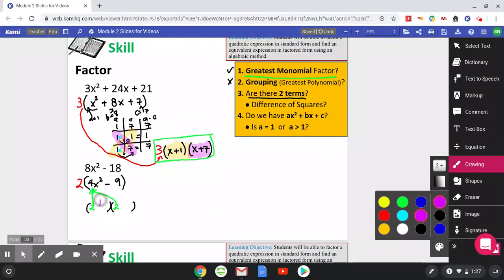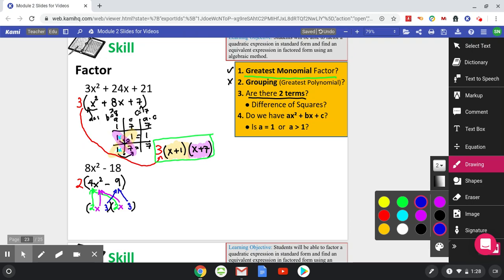Is there a number that when you multiply it by itself gives you x squared? There is. We get x times x. We are done with the first term, and we have to determine if it applies to the second term as well. Is there any number that when multiplied by itself gives us 9? If we multiply 3 times 3, that would get us a 9. So we were able to use the difference of squares method.